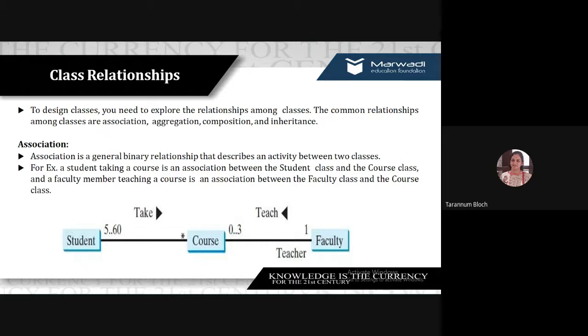For example, a student taking a course is an association between the student class and the course class. Another example: a faculty member teaching a course is an association between the faculty class and the course class, right? We call it association.